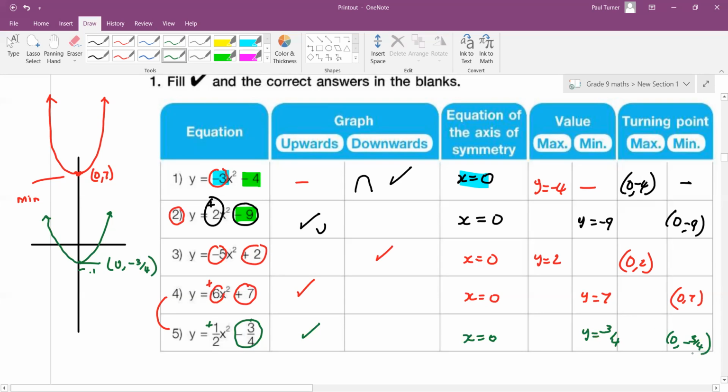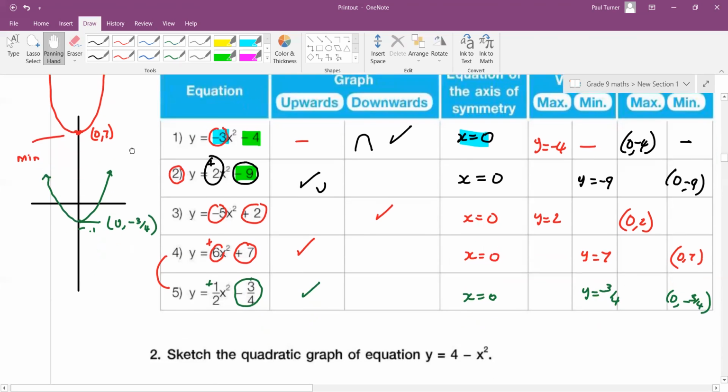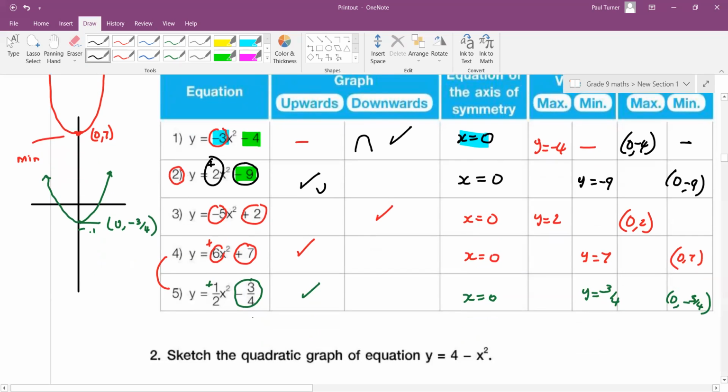So I'll leave that there a minute for you to copy. But I think it's a good idea to graph when you're doing these. And notice the form for this question is y equals ax squared plus b. Actually, we normally call that c, don't we, when we do our equation? So let's call that c rather than b, because normally we use b with x, don't we, bx?